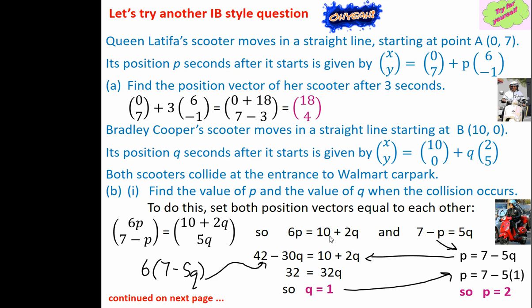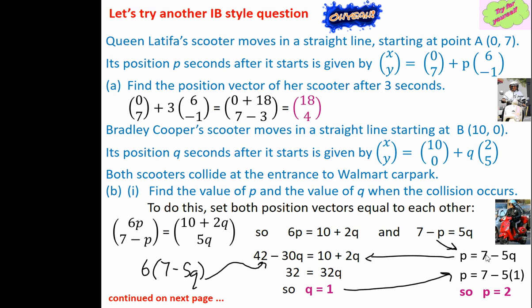You can also solve from the other one, 6p equals 10 plus 2q. I've used 10 plus 2q again down here, and in 6p I've replaced the p with this version. I'm trying to replace p with the equation for q. We're using simultaneous equations and substitution. So I've substituted p equals 7 minus 5q into here.